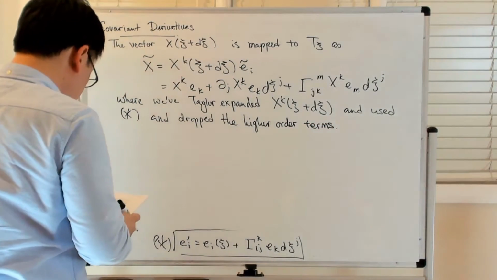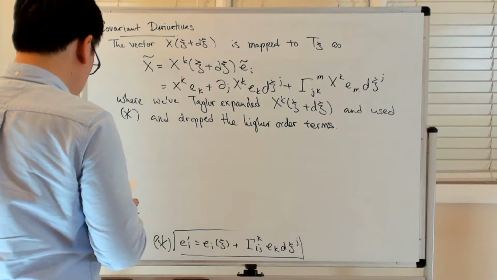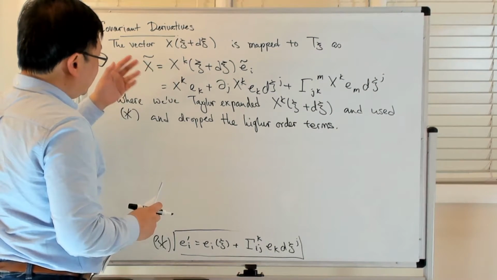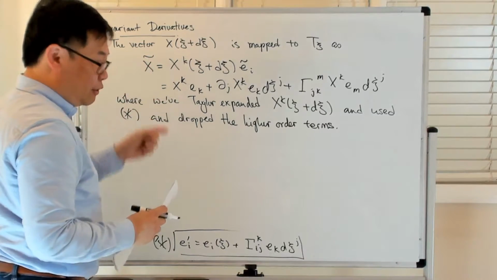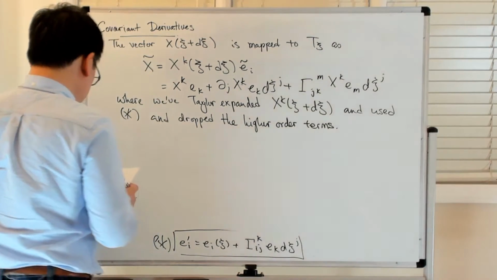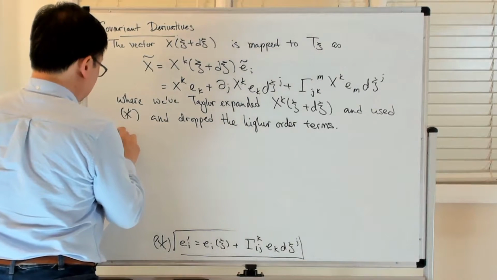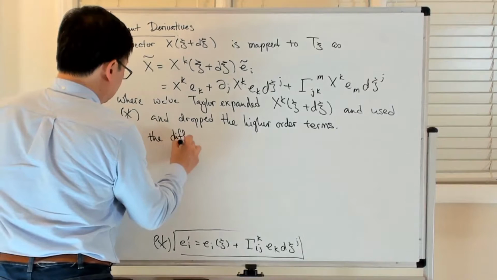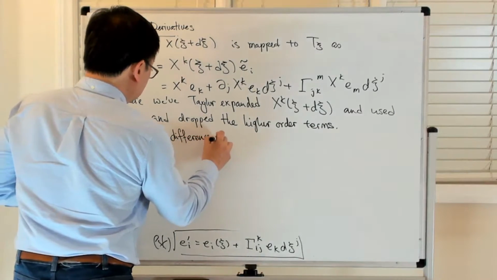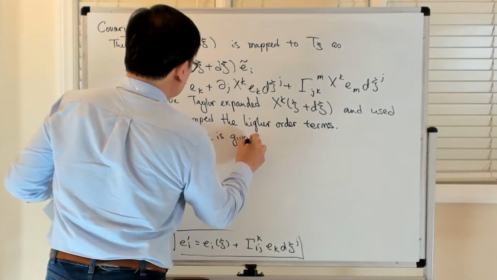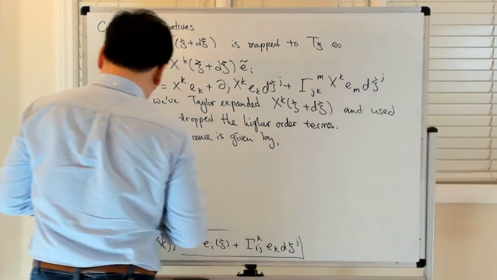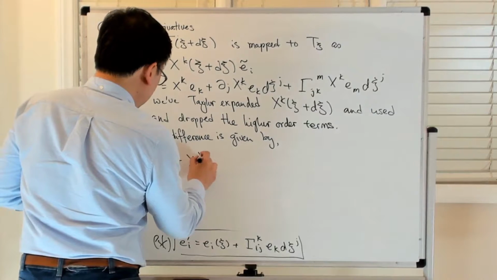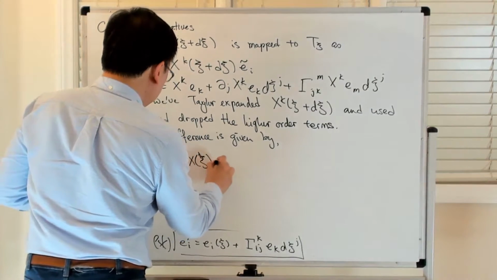Now that I've done this, I can take the difference of this and the vector field at the point c. So the difference is given by x tilde minus x at the point c.